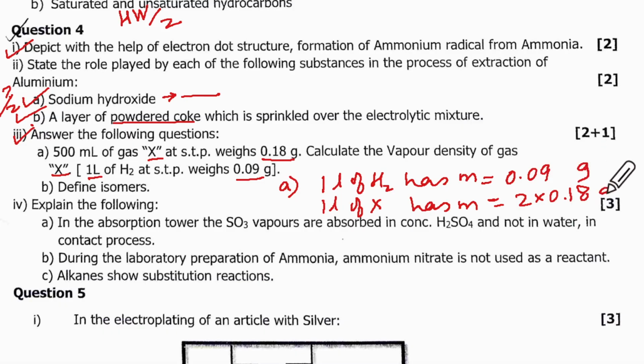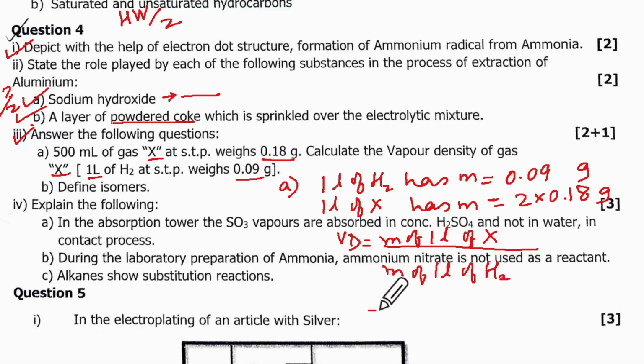Agreeable to you? Then you will say vapor density will be, write quickly, mass of 1 liter of X upon mass of 1 liter of hydrogen. That will be equal to 2 into 0.18 upon 0.09, which will be equal to, I don't have space, so I'll write this side.